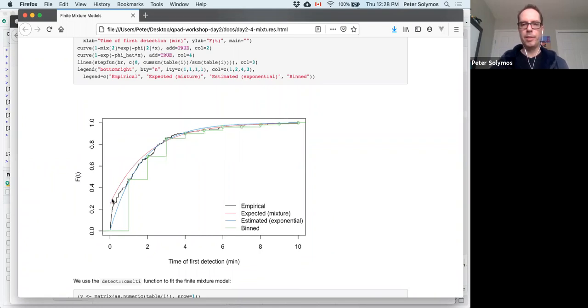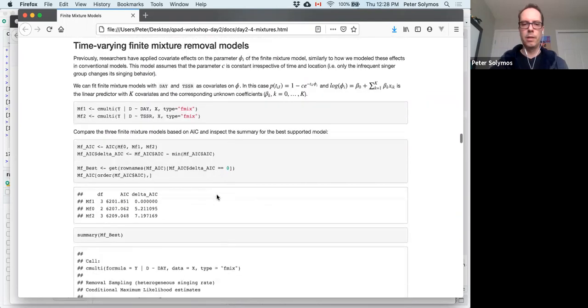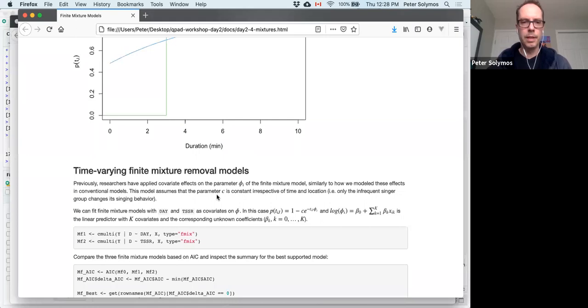This intercept is going to be defined by the proportion of the two groups. So we can say, oh, I didn't include this.